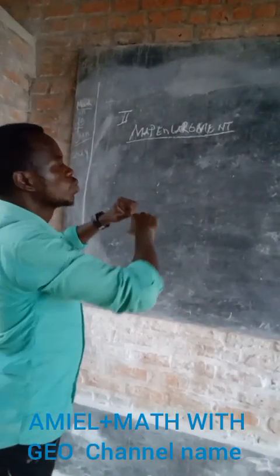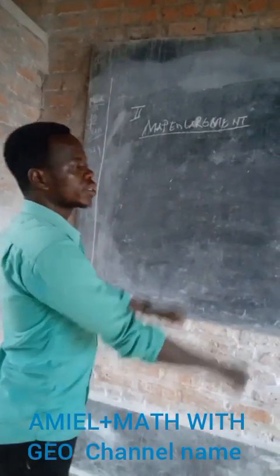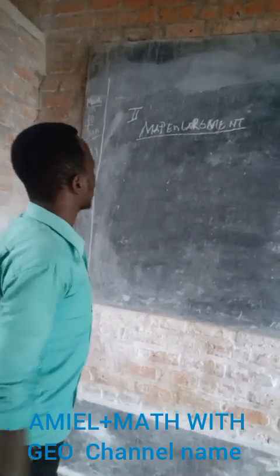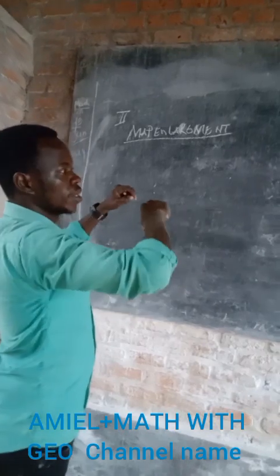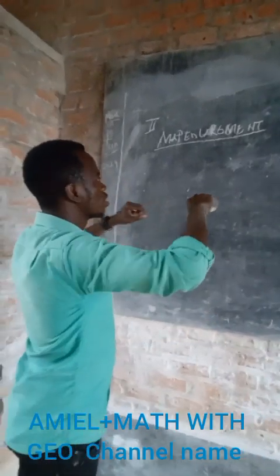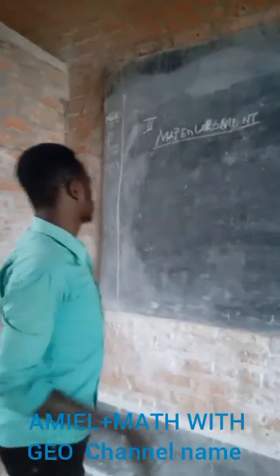Enlargement is to make something big. We have the smaller map and we make it big by increasing its size, its scale.